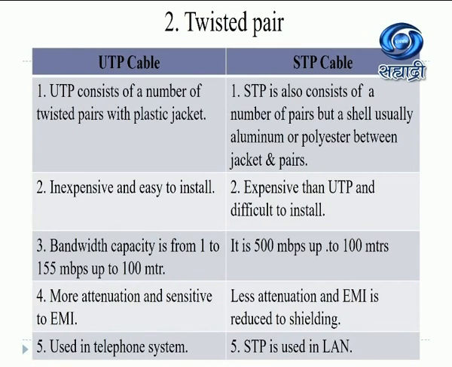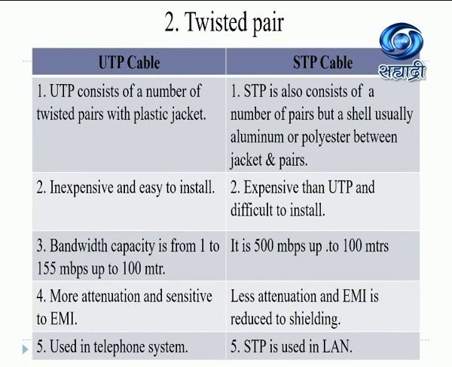The third important point: in UTP cable, bandwidth capacity is from 1 to 155 Mbps up to 100 meters. But the bandwidth capacity in STP cable is 500 Mbps up to 100 meters. The fourth important point to consider: UTP cable has more attenuation and sensitivity to EMI.